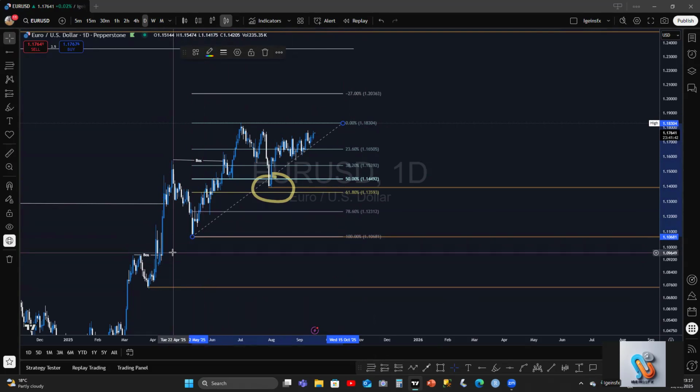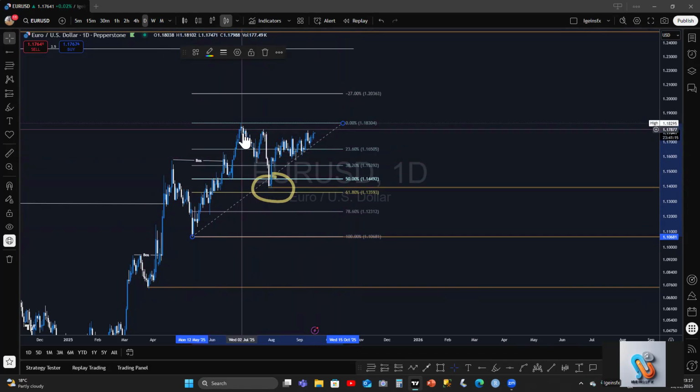From the low, which is here, because it's bullish, you put your 100% here, then you drag it, and at the high you put the 0.0%. This high is where price turned and started making a pullback.